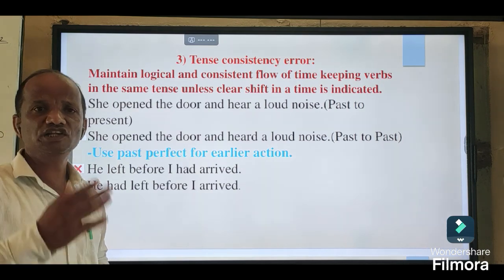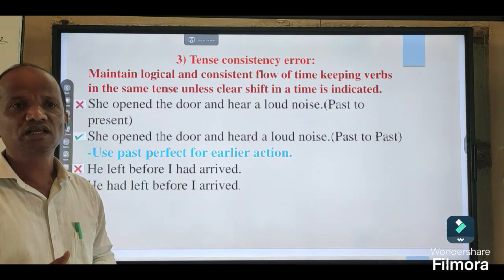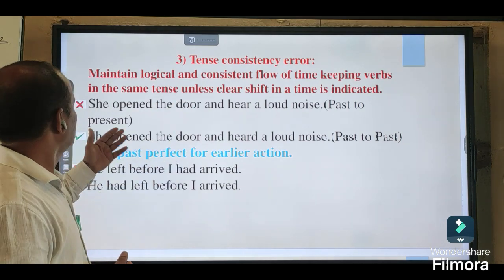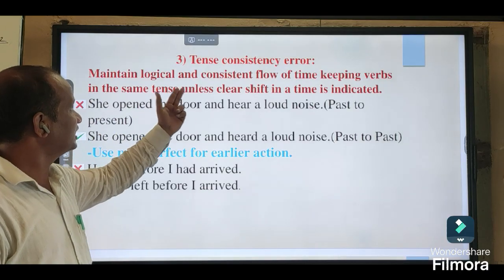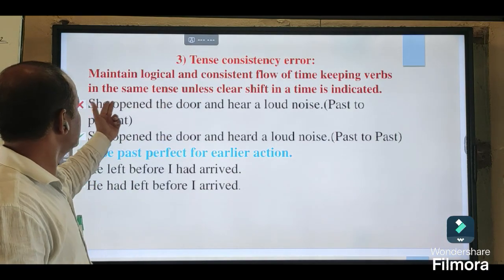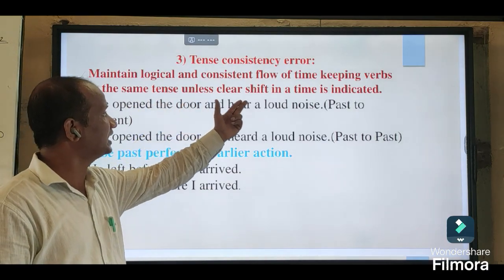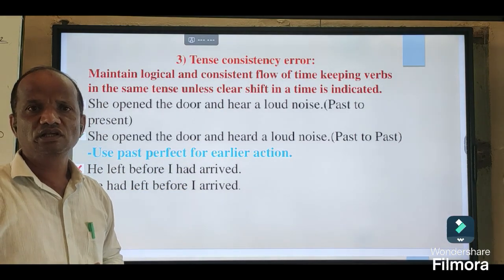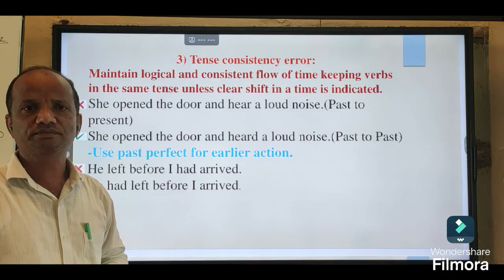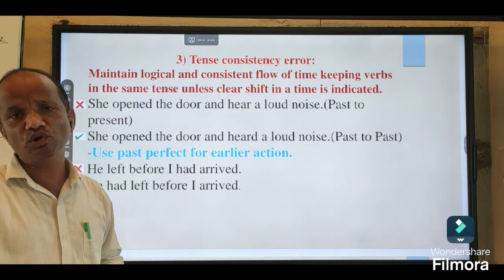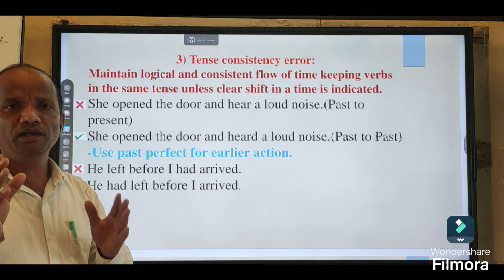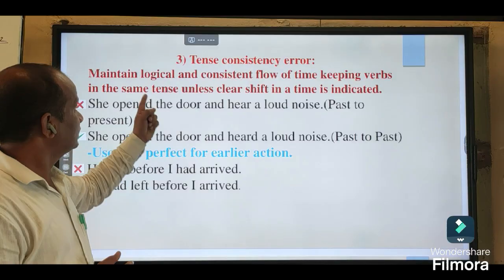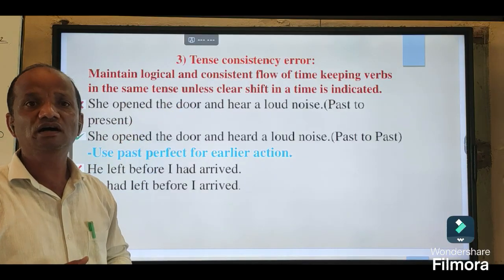But when there is a sudden shift of tense in the sentence, this error happens. We have to maintain a logical and consistent flow of time, keeping the verbs in the same tense unless a clear shift in time is indicated. It means that if there are two clauses in the sentences, we have to use the same tense in both of the clauses. If we change it, the tense consistency error will occur there.